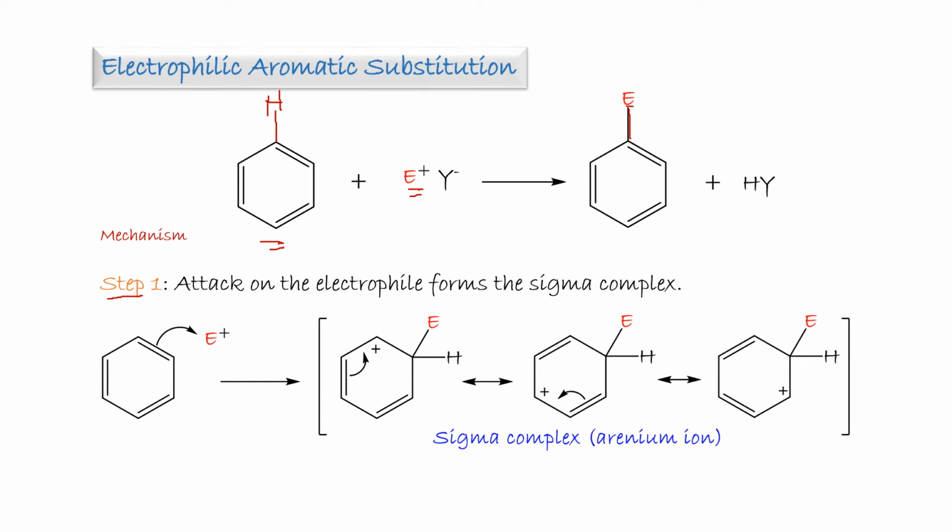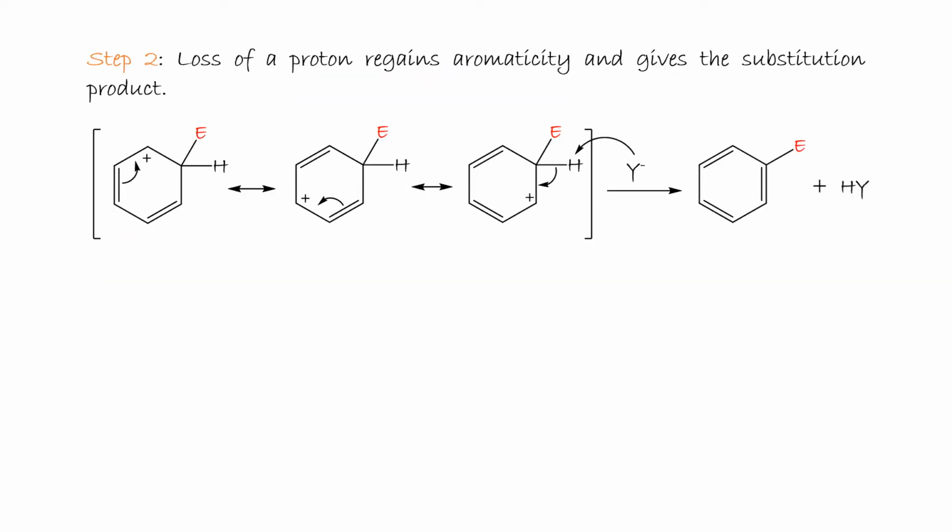The mechanism for that is, first, attack on the electrophile, forming a sigma complex, and the sigma complex is stable via delocalization of the positive charge, what we call resonance. The second step is deprotonation and regaining aromaticity of the ring by losing the H, forming again the double bond and getting substituted benzene.